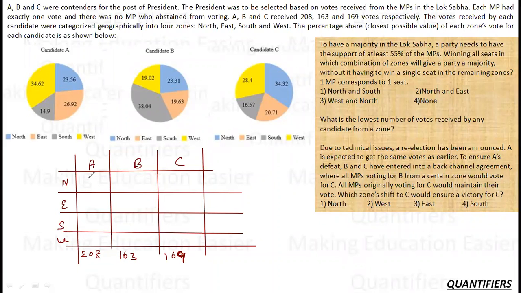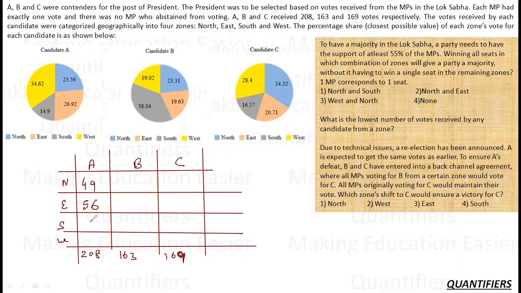North is 23.56%, 23.56 of 208, 20% plus 3.33 plus 0.25, which is approximately 49. So east is 26.92, that is 30 minus 3%. So 30 minus 3% will fetch me somewhere around 56.34 or 56 will be the approximate answer.